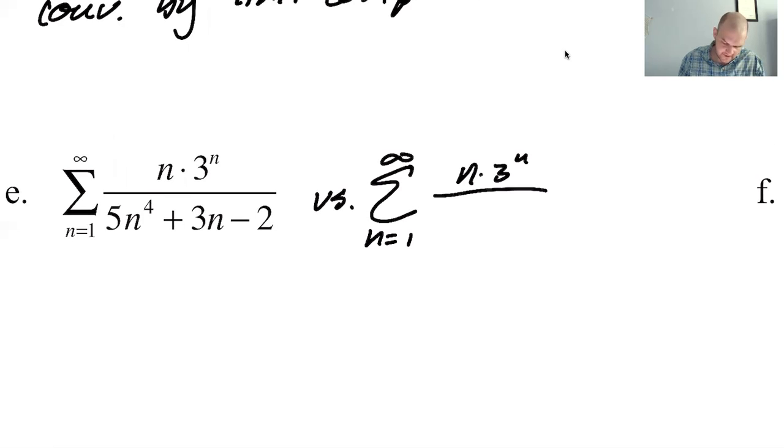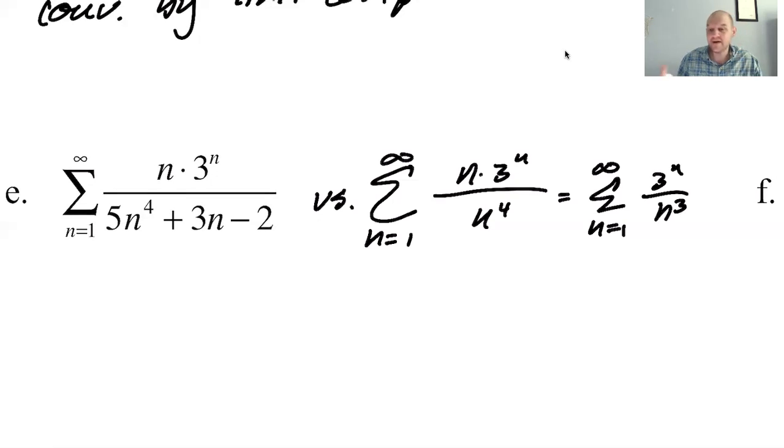Over the denominator, the most important part is n to the fourth. So I'm just going to use n to the fourth. I mean, it's 5n to the fourth, but that's a constant multiple, so it doesn't make a difference. So this is just going to be 3 to the n over n cubed. Now I kind of have an issue because I don't immediately know if that converges or diverges.